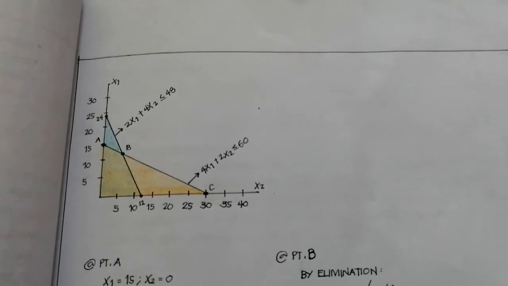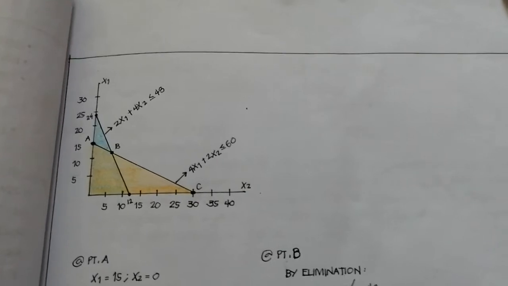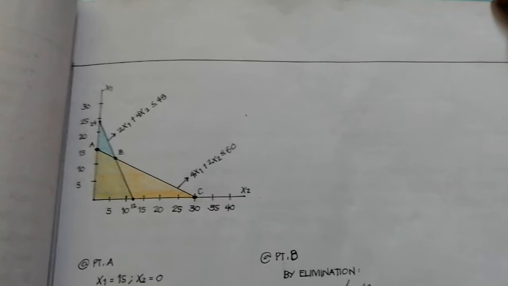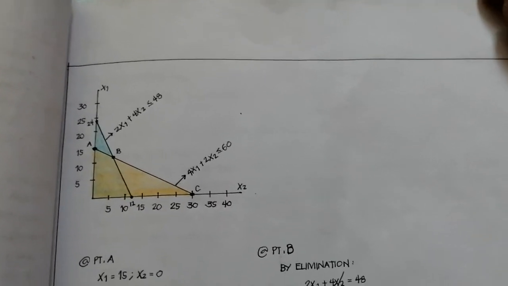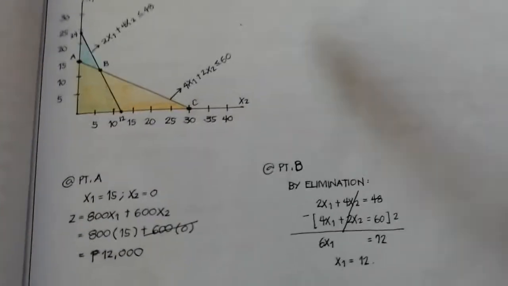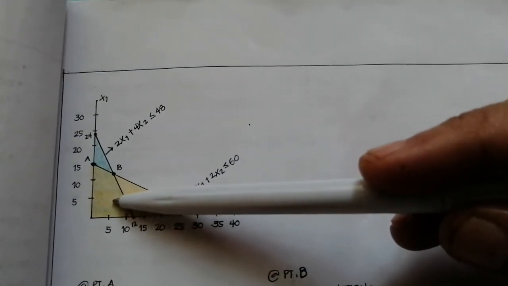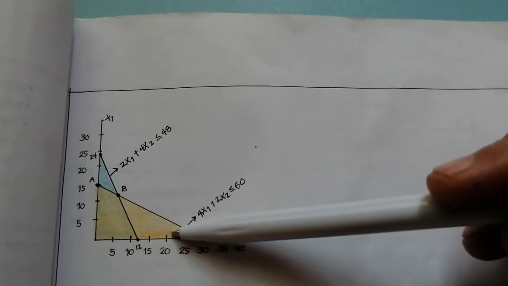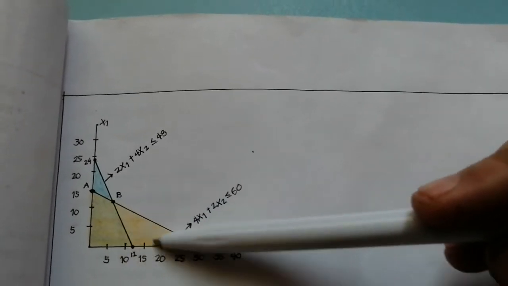Okay? So, if we try to remember the procedure or the step-by-step solution on how are we going to compute the maximum or optimum variables, all the constraints should be met. So in this example, it's less than or equal to, that's why the shaded area for 2x1 plus 4x2 is less than 48 is this. The same manner, for the equation 4x1 plus 2x2 is less than or equal to 60, the shaded parts are this.